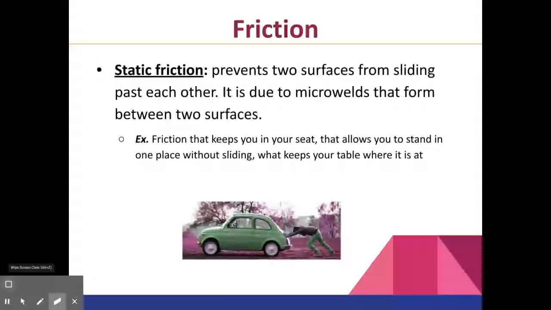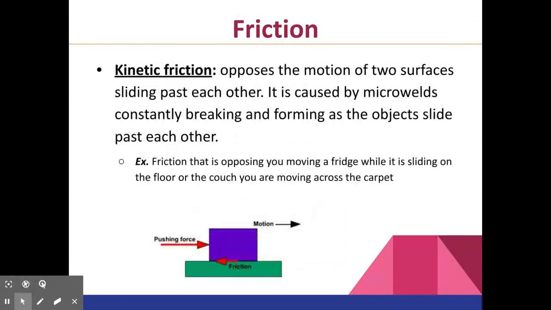Now, we've talked about things that are kinetic before, before we went on winter break. Kinetic friction is the friction that opposes the motion of two surfaces sliding past one another. It's the friction that is immediately applied to something that goes from not moving to moving.